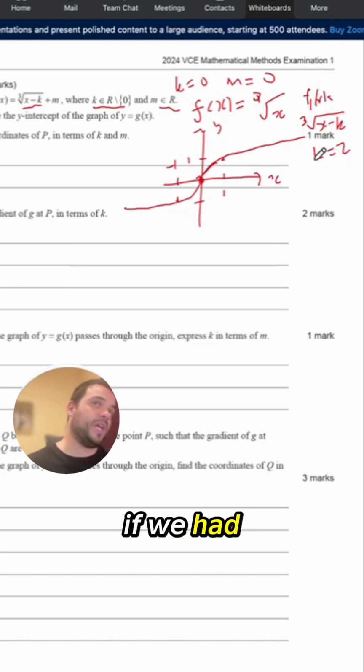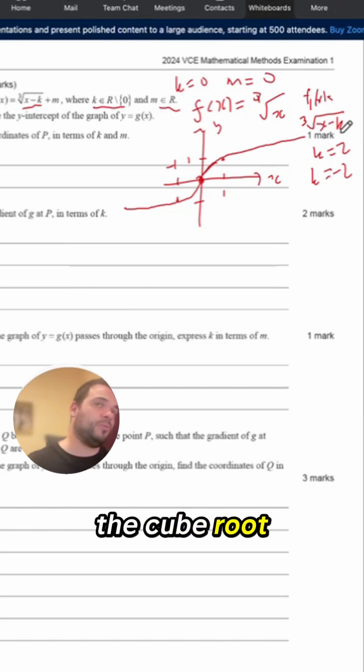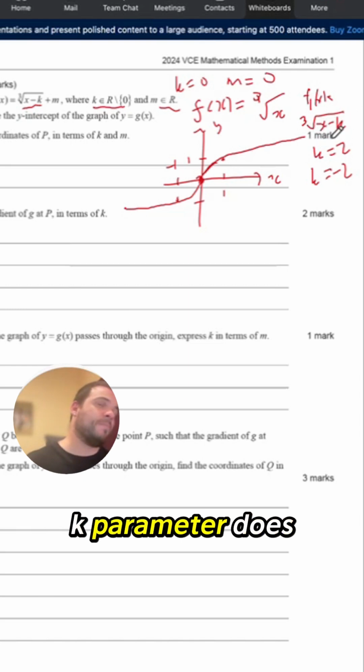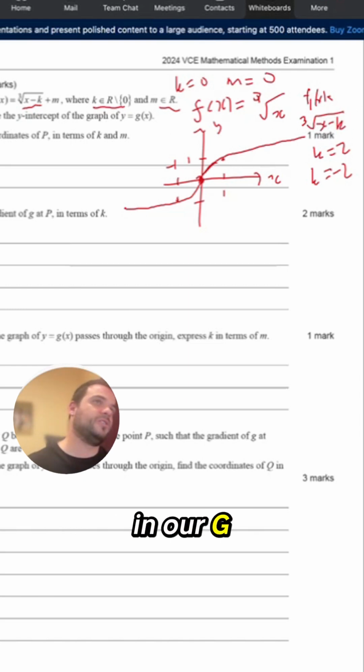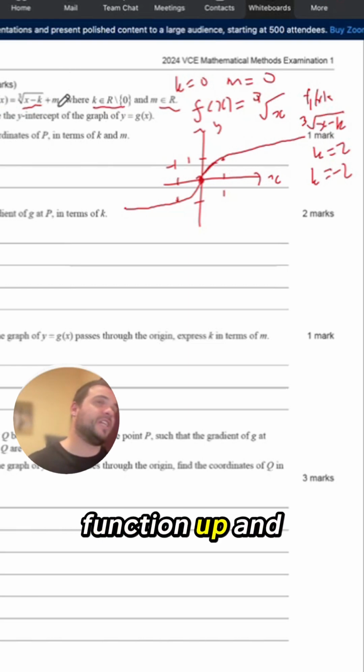Conversely, if we had k equal to negative 2, so we have x minus minus 2, or x plus 2 under the cube root sign, then that would move the function 2 to the left. So what this k parameter does in our g function is it moves the function right and left. And then, pretty easy to understand, the m moves the function up and down.